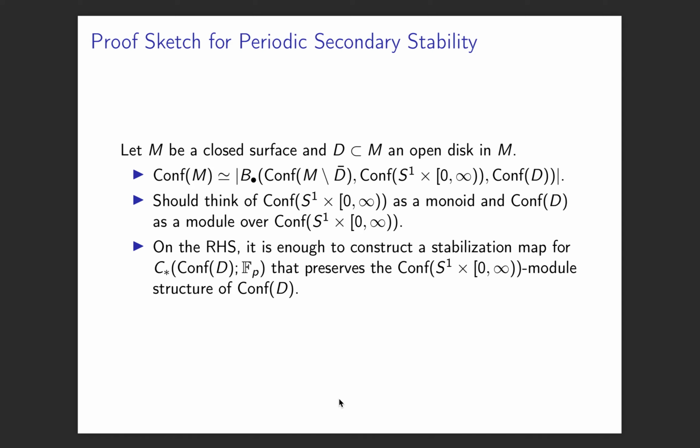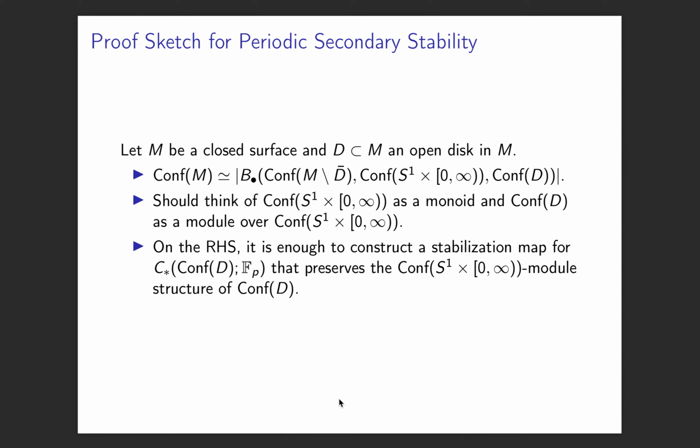I think the main thing here is you want to think about configurations on the cylinder S1 cross 0 to infinity as sort of like a monoid object in spaces, and configurations on the disk and on M with the closure of the disk removed as modules over the configurations on the cylinder.